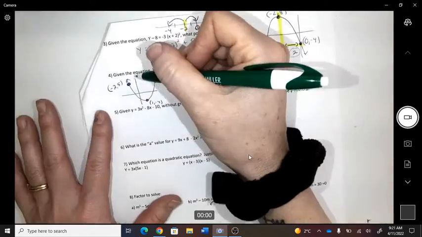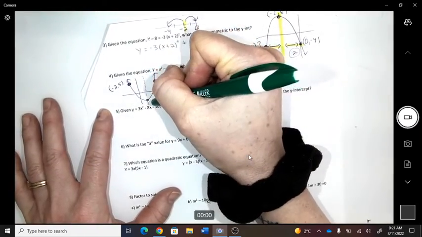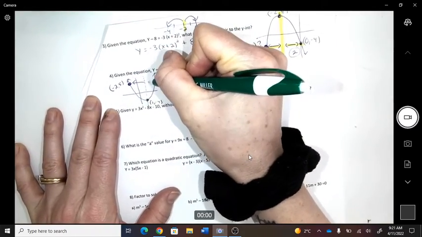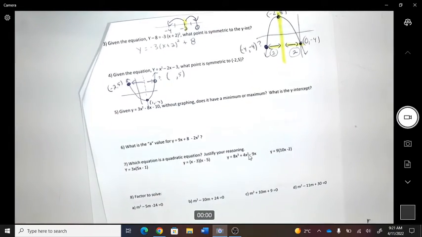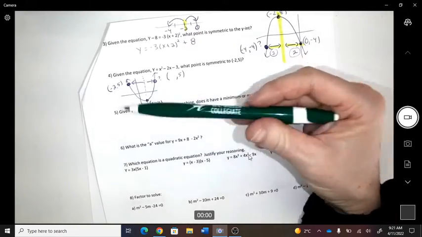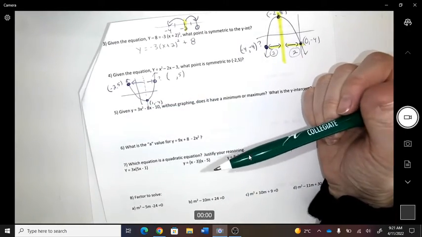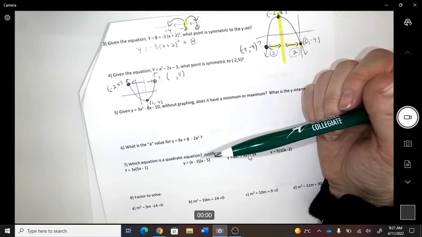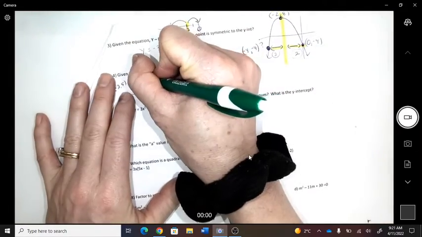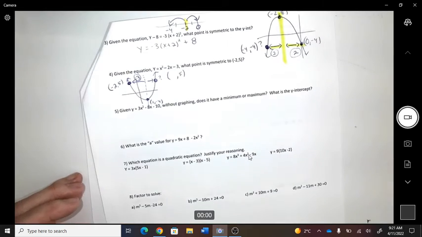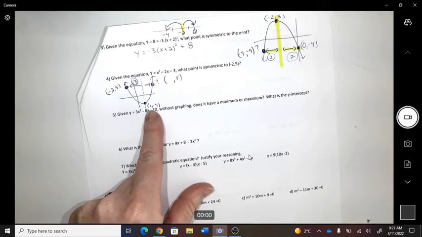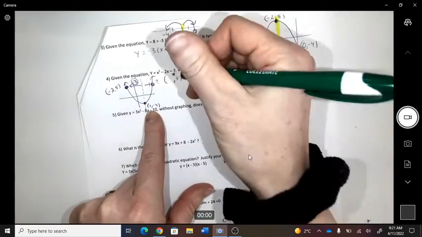Okay, so let me ask you, how much space is there? So from 1 to -2, what's the distance there? From a 1 to a -2, that's a distance of 3. So now, can you move 3 to the right?